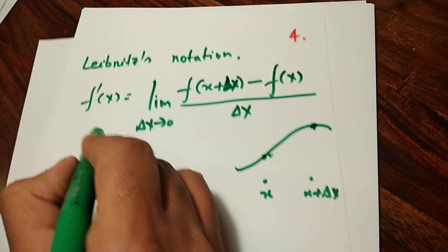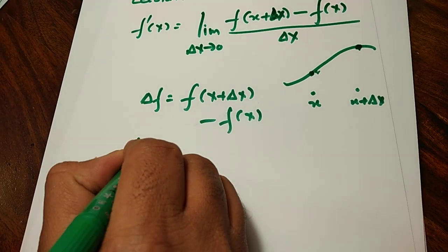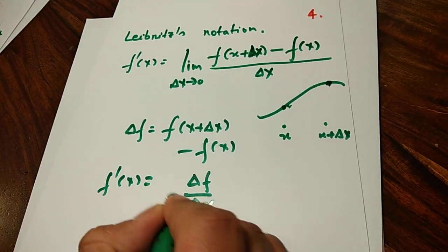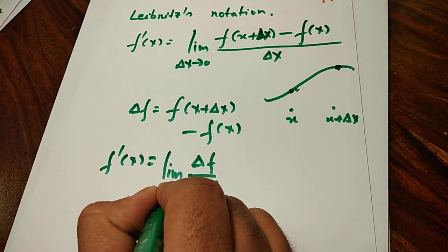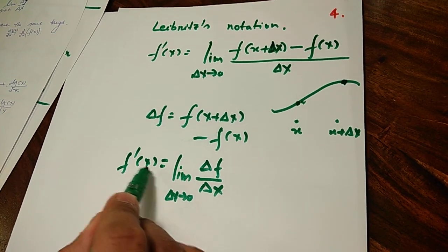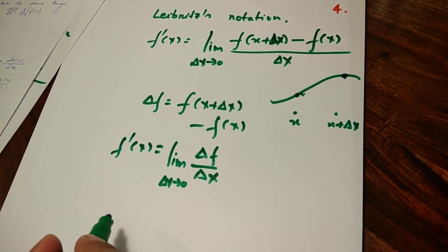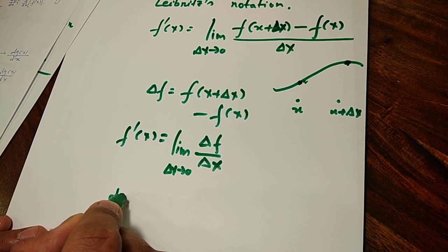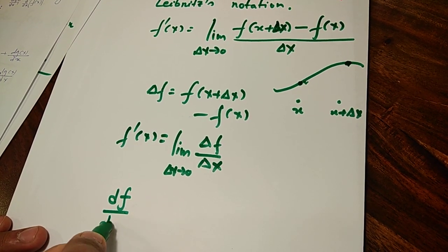Okay, so this is really f prime of x is delta f over delta x, limit delta x going to 0. Okay, and Leibniz introduced a notation where instead of writing f prime of x, he chose to write df over dx.